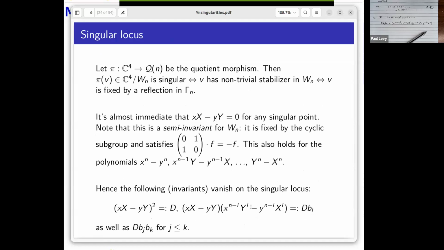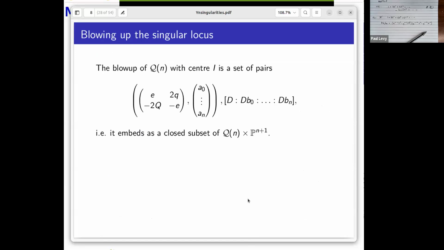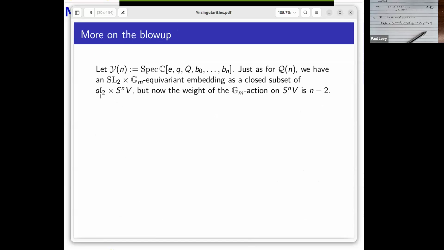So BI itself has degree n-2. So you've got an SL2 and an SNV, but now the scaling action on this SNV has degree n-2 rather than n. And that exactly matches the chi in the case n equal to 5. We've got this degree 3 thing here, rather than degree 5.